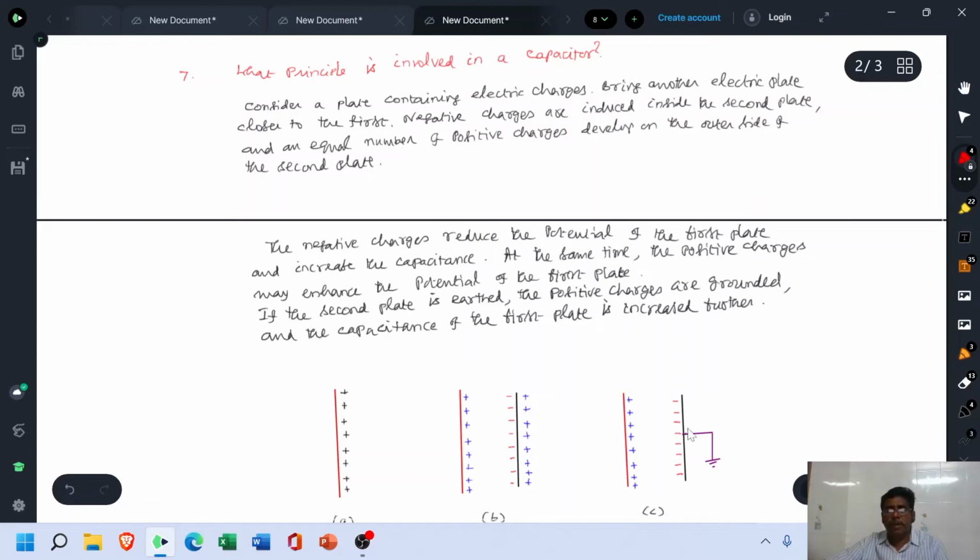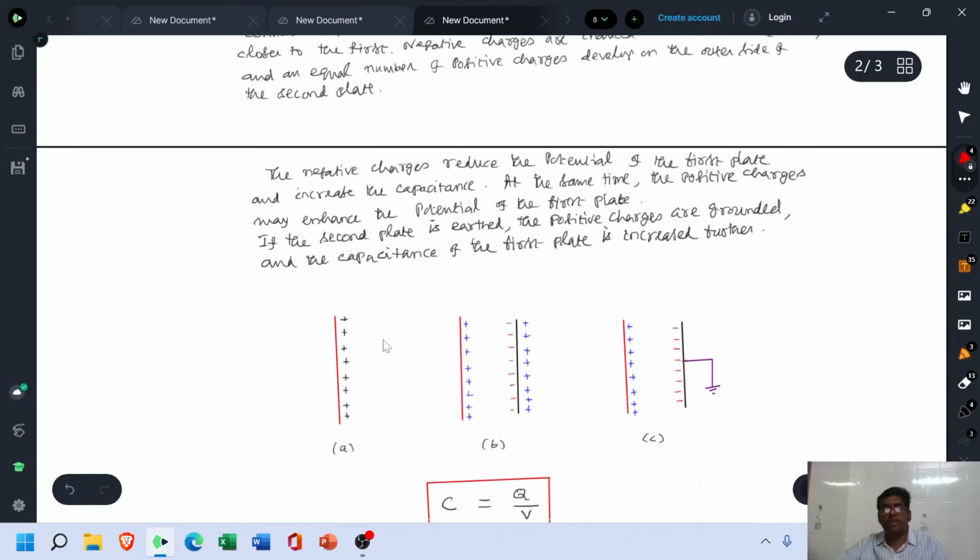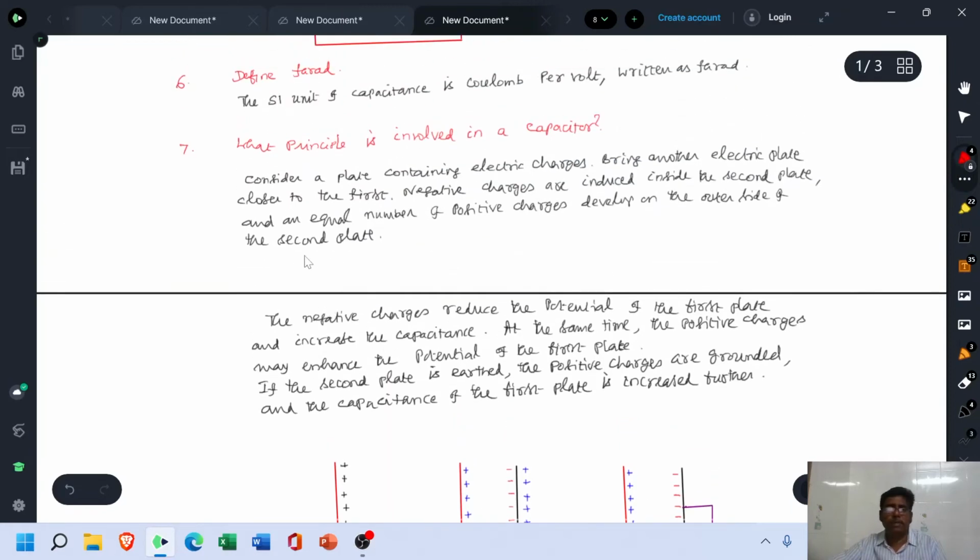Suppose the second plate is grounded, these positive charges are removed from the second plate. Therefore, the potential of the first plate is highly reduced. As a result, the capacitance of the first plate is enhanced because C equals Q divided by V. If V is lowered, then the capacitance is increased. So this is the principle of a capacitor.